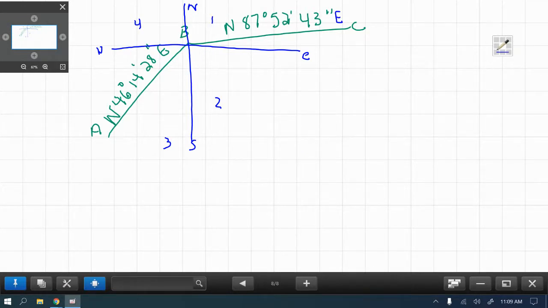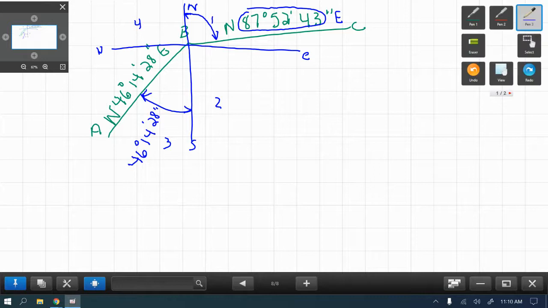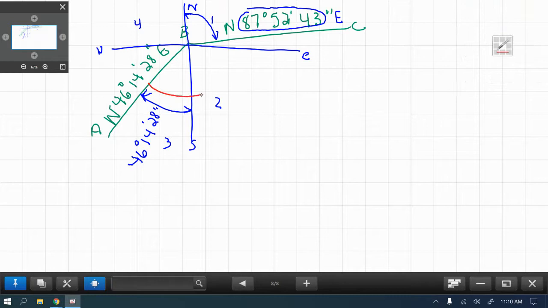So that means I know that this angle right here is 87. This one's in quadrant 3. So this is the 46 degrees, 14 minutes, 28 seconds. What I'm asking for is the angle between those two though. So I'm looking for the angle that's between each green line.